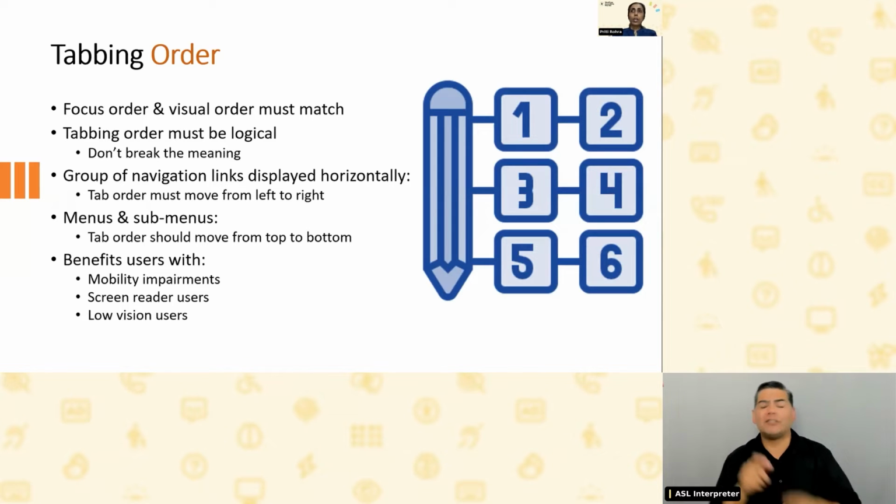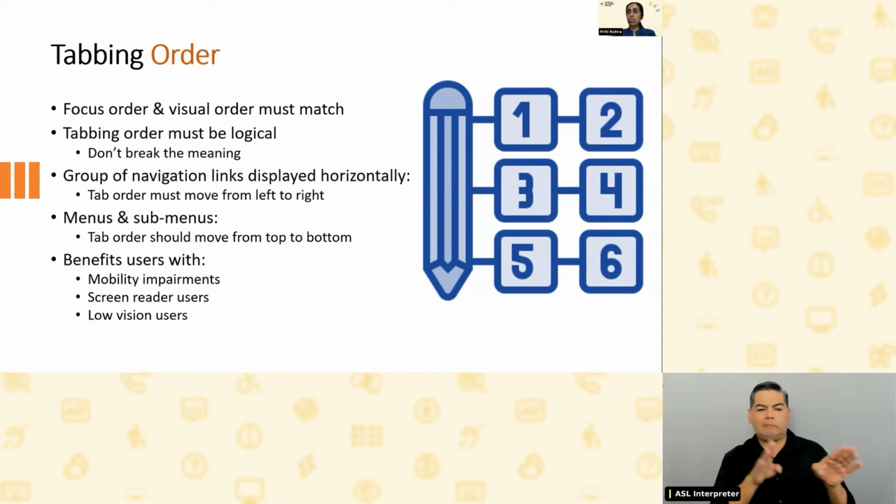At the minimum, one should ensure that the sequence in which a person would navigate using a keyboard is not broken. So don't let the focus jump from the middle of a section to another block of content. Finish one block and then it should go to the next.